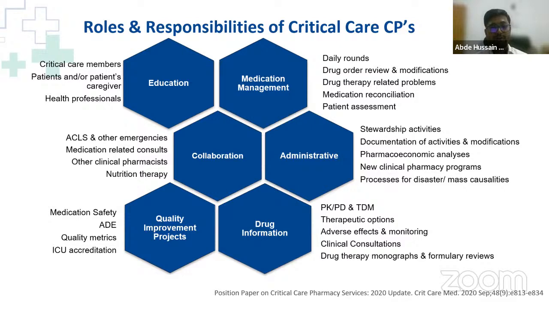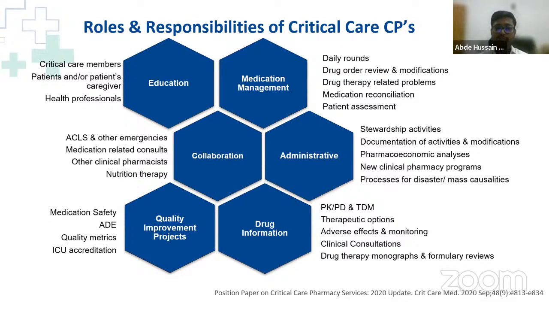We can take on neuro emergencies and cardiac emergencies. We can provide medication related consults even to other specialties and other clinical pharmacists. We can collaborate with them, and also with the dietitians for nutrition therapy.